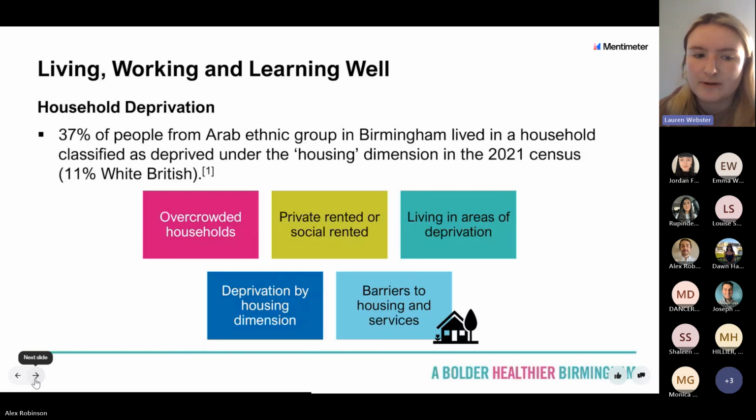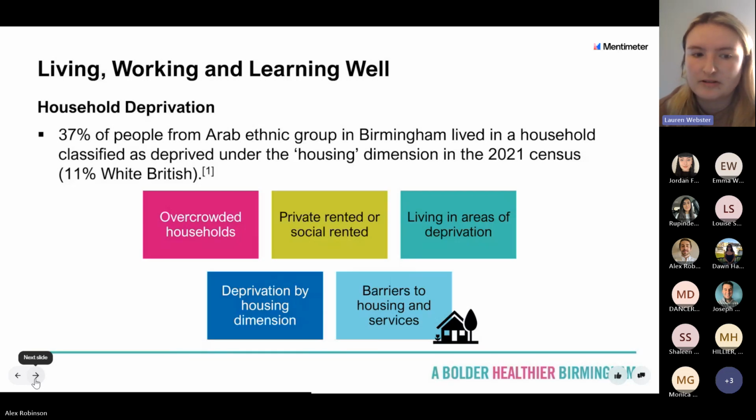Private renters on average spend a higher proportion of household income on rent compared to other tenures, either social rent or owner-occupied. Regarding areas of deprivation, the top 10 MSOAs of Arab ethnic groups in Birmingham are all in the top 20% deprived neighbourhoods nationally, with 6 being in the top 10%.